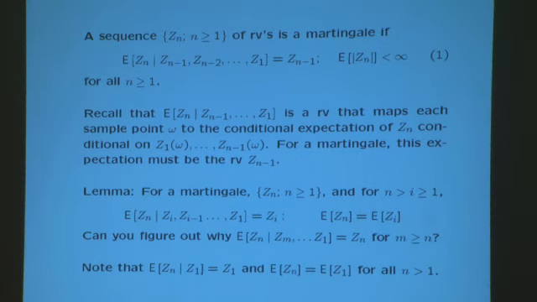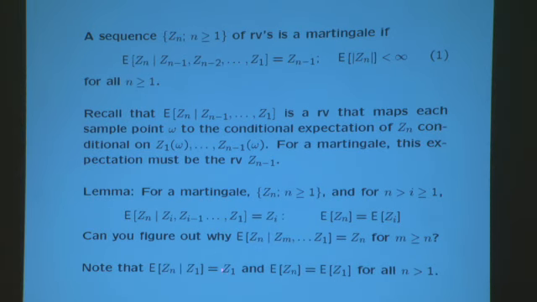The expected value of Zn is equal to the expected value of Zi. We didn't talk about this one last time, but it is obvious from this: if you take the expected value of this over all of the conditioning random variables, what you get is just the expected value of Z sub i. So that's what this says.